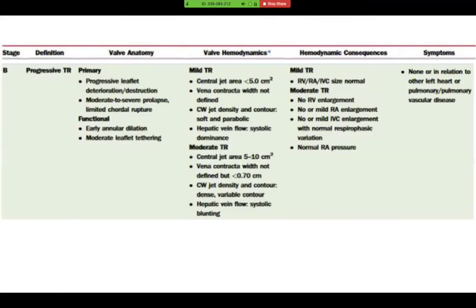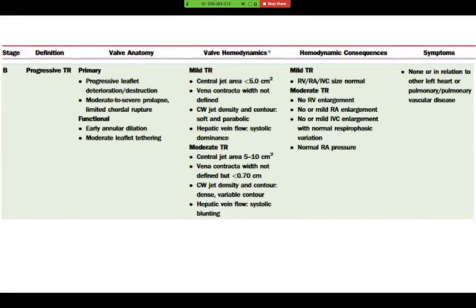Then coming to stage B, this is progressive TR. As we discussed, the valve anatomy could be either primary or functional. The primary one would be leaflet destruction or deterioration, and mild to moderate prolapse limiting the coaptation. Coming to the functional one, there is early annular dilatation and moderate leaflet tethering.